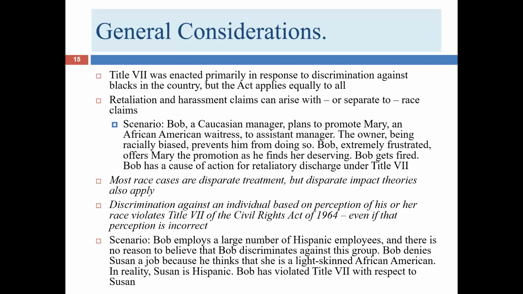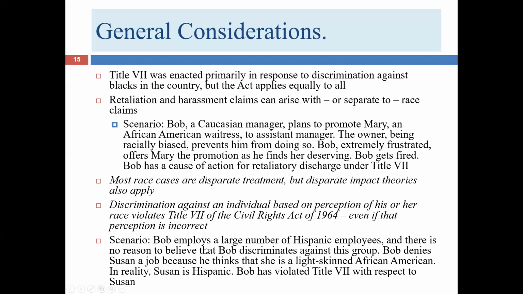And let's say as the case progresses, it comes to everyone's attention that in fact this person isn't African American. Well, their true race really is irrelevant. If they were treated disadvantageously because of a protected characteristic that the employer thought they had, then they can successfully advance a Title VII claim.